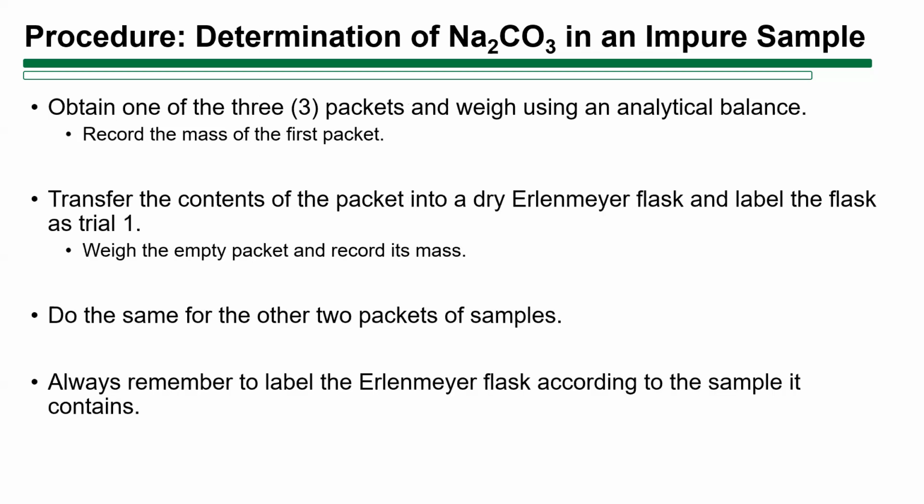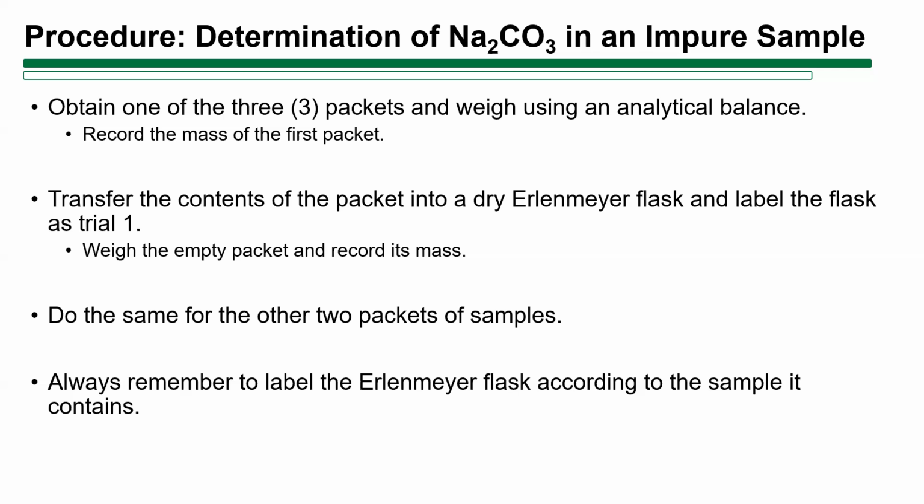Now, you obtain one of the 3 packets and weigh it using an analytical balance. At this point, you will be doing weighing by addition, because I think the packets are not in a vial. We'll see later, and then I'll give you proper instructions.